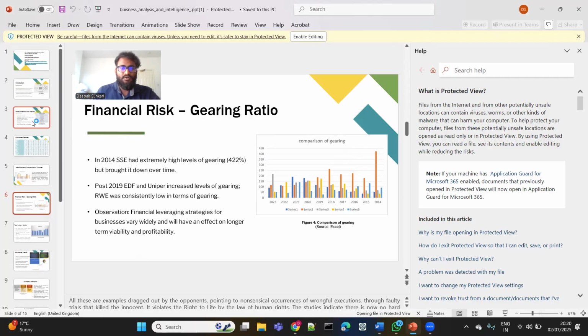The turnover of RWE varied greatly, as the minimum turnover in 2014 was marked as GBP 559,000, compared to the largest turnover in 2022.